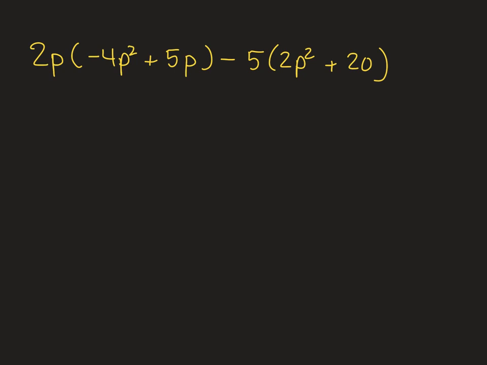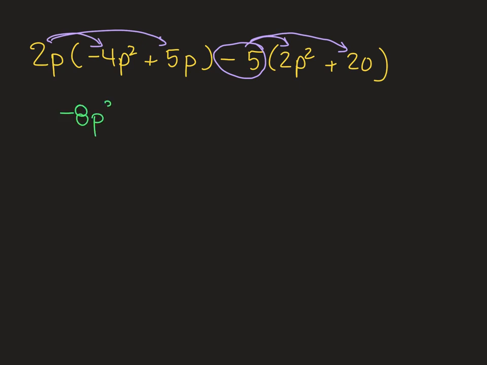All right, I said we were going to distribute and then possibly add or subtract, so that's what we need to do here. Let's distribute the 2p to each of these people, and we're distributing a negative 5 to each of these people, and then we'll combine like terms if there are any. So we've got a negative 8, negative 4 times 2 is 8.